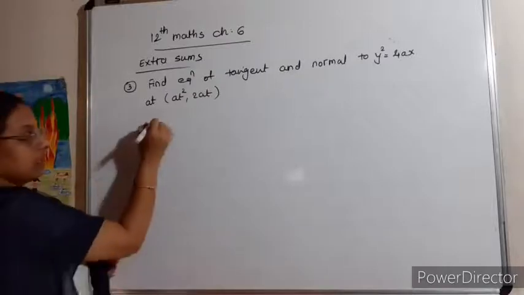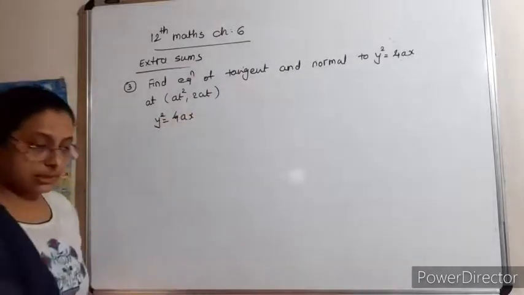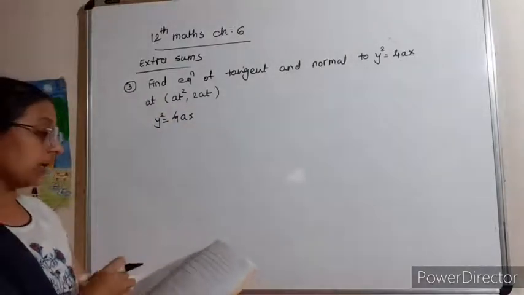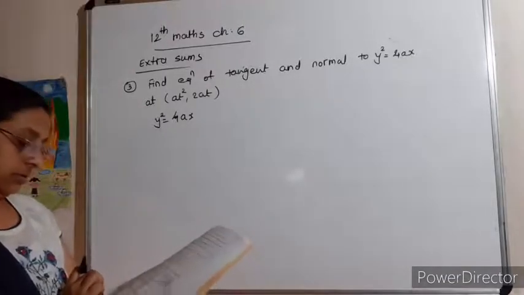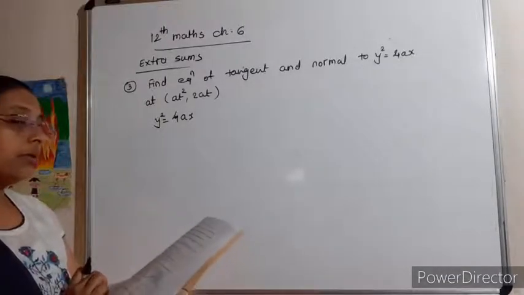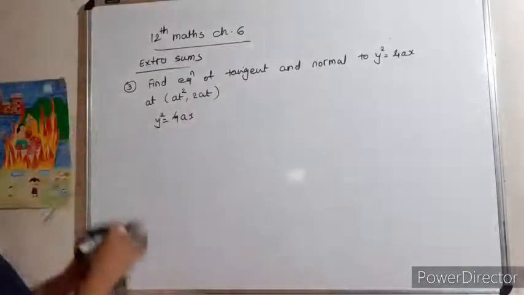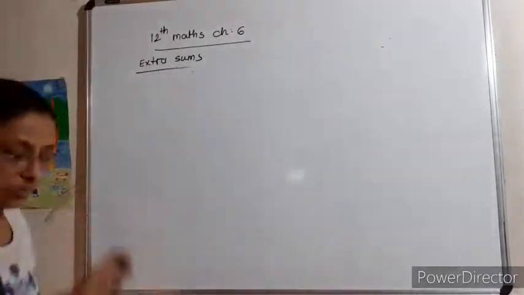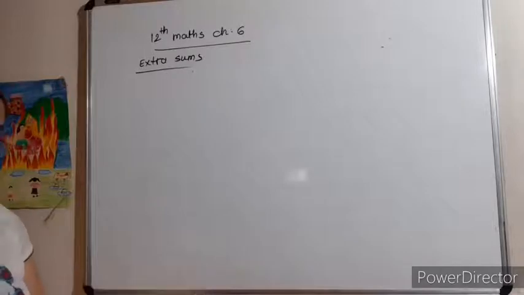So we'll do it fast. Y square is equal to 4ax. I think is it repeated? ये हो गया है कि नहीं? That we will check first and then do it. Yes, it is correct. That is in the exercise only. So we will not do it again. ये exercise का ही sum है, right? Okay. Then we will not do it again.